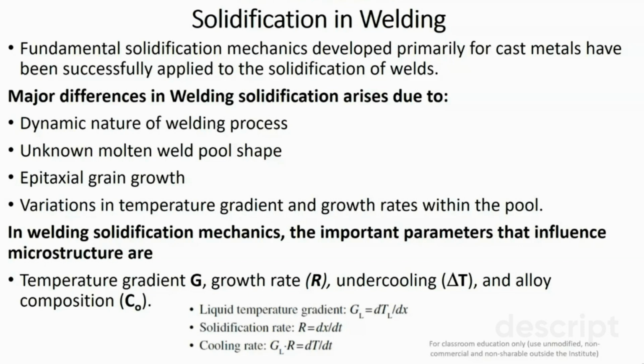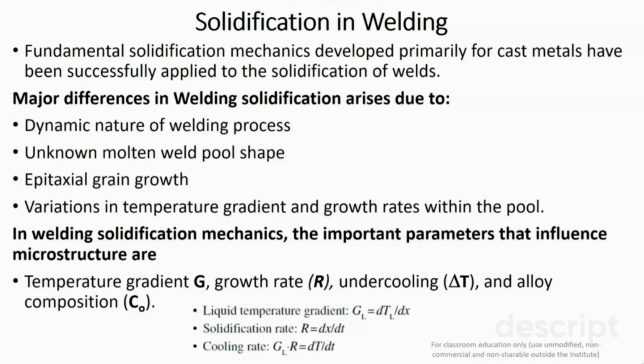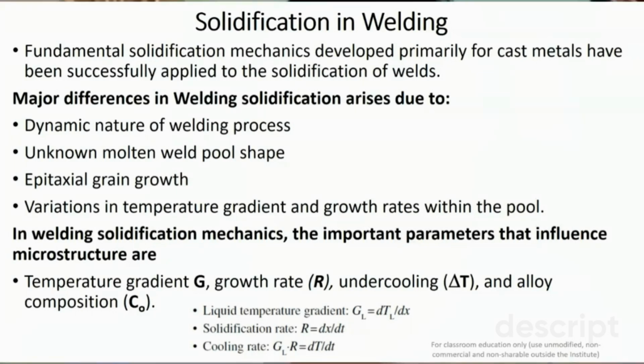And in welding solidification mechanics, the important parameters which influence the microstructure are the temperature gradient, represented by G. Then we have the growth rate, denoted by R. We have also discussed what undercooling is. Finally, the most important part is the alloying composition. So alloying compositions also determine the microstructure of the welded components. This liquid temperature gradient denoted by G is equal to dT by dx.